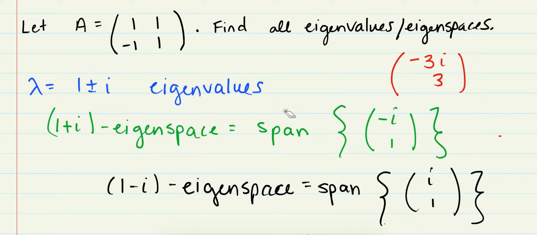So this belongs to the 1 plus i eigenspace, and you can see that its complex conjugate is (3i, 3), and that belongs to this eigenspace. So what I said in that video, you can see that it's true with this example.